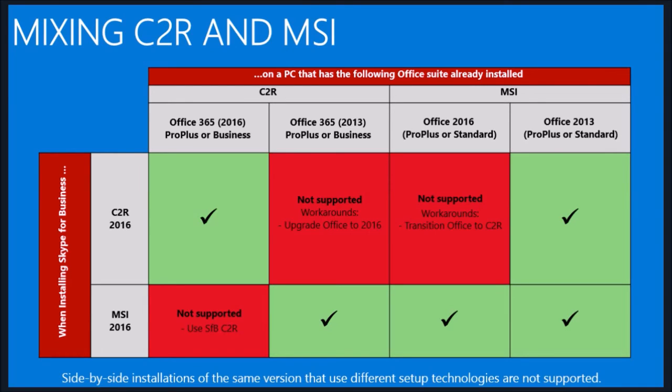And if you had a mix and match of MSI, let's say you install a 2013 MSI build, you can actually have a C2R build of Skype for Business standalone. So essentially, what this matrix is trying to show you is that you have the option of installing Office independent of Skype for Business. You can have different versions.